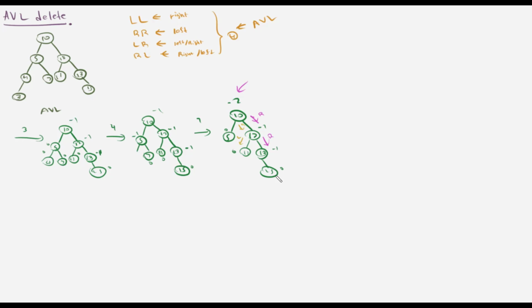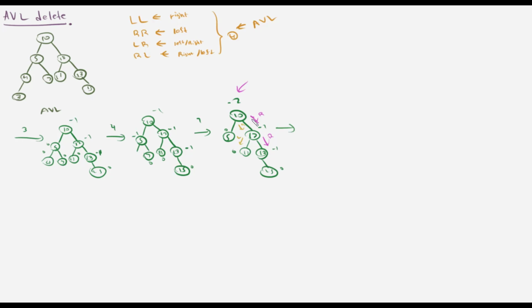So this is the node which makes this 10 imbalanced. That is the way you find out the corresponding case. Otherwise you can't just perform fixes for random cases. You must always find the correct case, otherwise you will be in trouble.